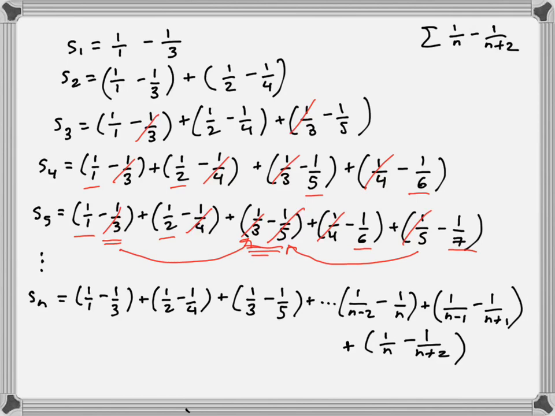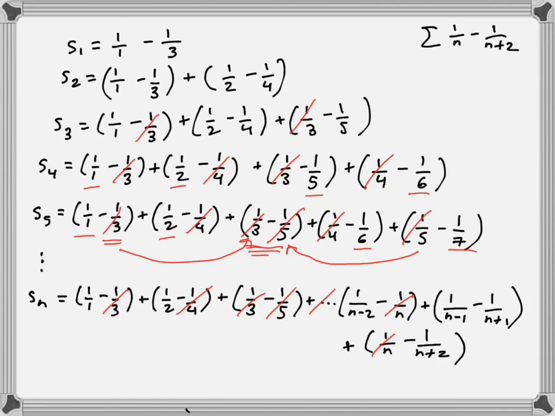But what cancels? Well, this cancels with 2 in front. This is going to cancel with stuff that's in the dots. Okay. What about the negative 1/5? Again, cancels with stuff that's in the dots, and so that's totally gone. And what happens over here? Well, this negative 1 over n cancels with this guy.